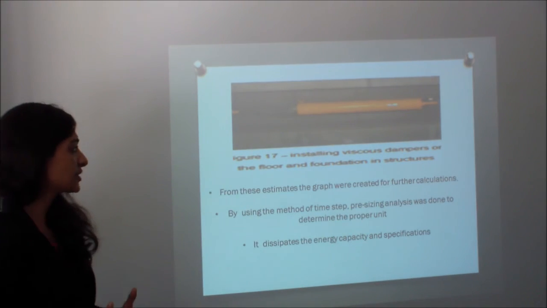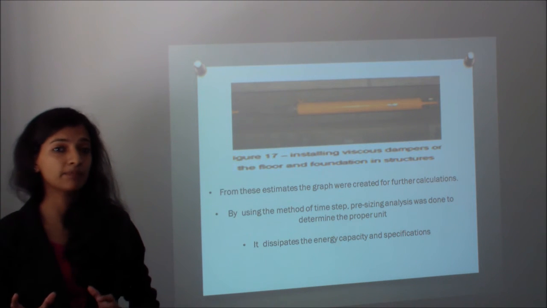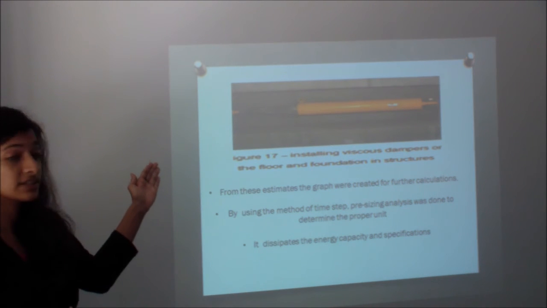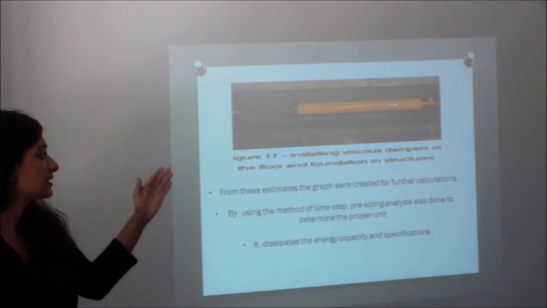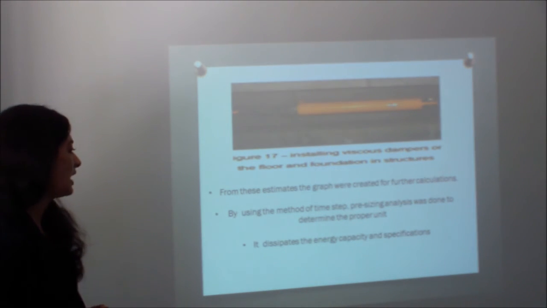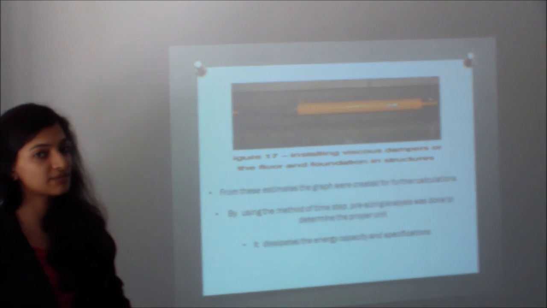This is a typical picture showing how the viscous damper is applied or connected in a retaining wall. This picture shows an ordinary wall, and in the same way we can apply it in the retaining wall. From the following calculations, we can estimate the graph.